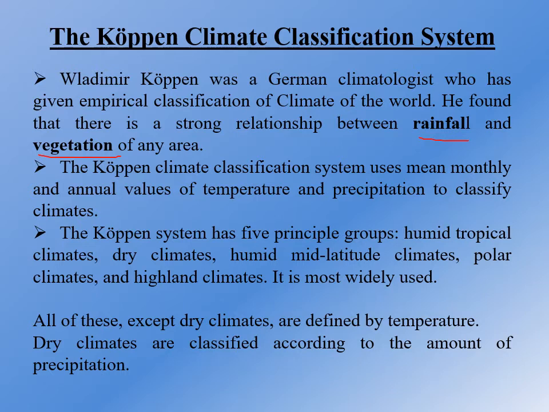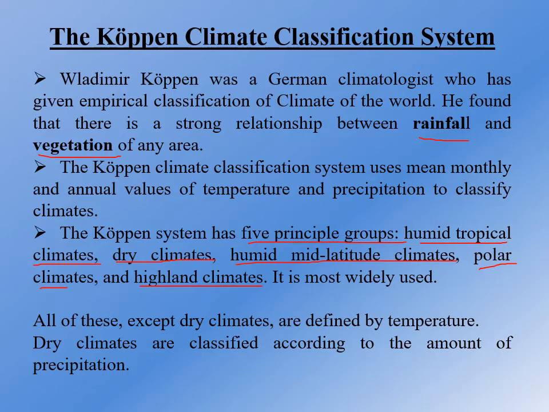The groups are humid tropical climate, dry climate, humid mid-latitude climate, polar climate, and the last one, although it is not initially proposed by Köppen, but later it was introduced by several other climatologists or meteorologists, that is the highland climates or high altitude climates.